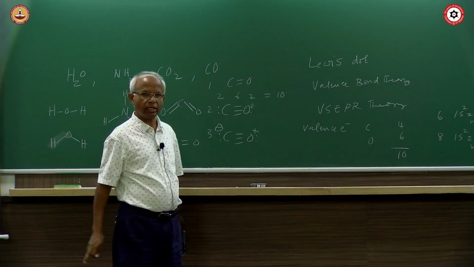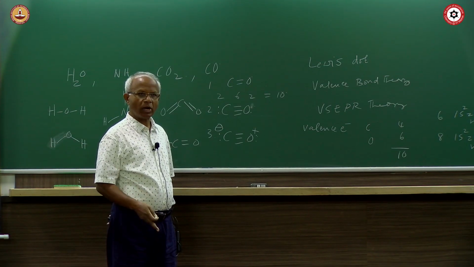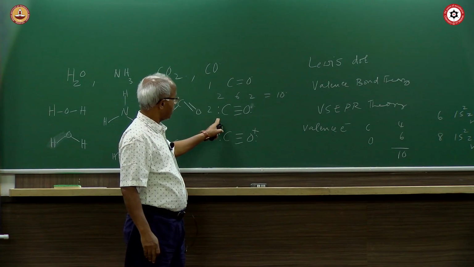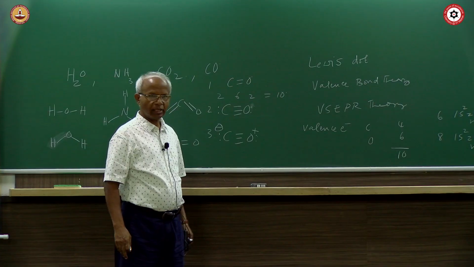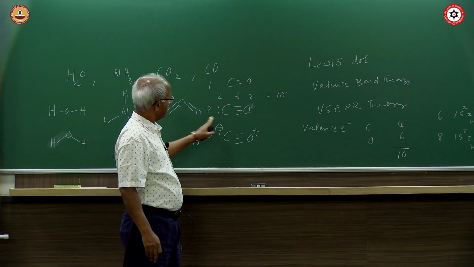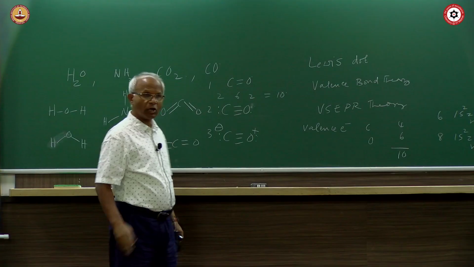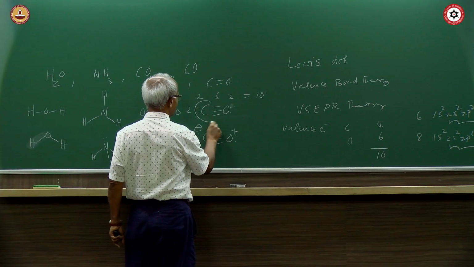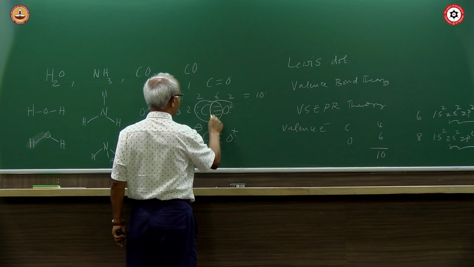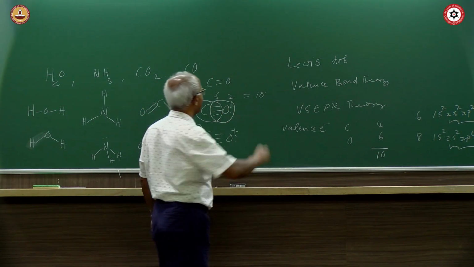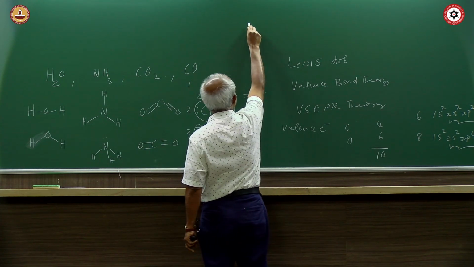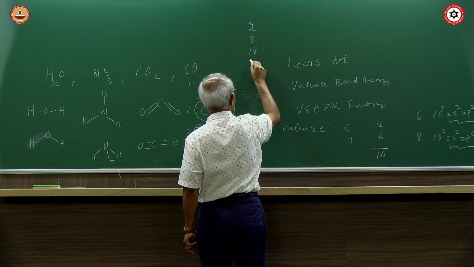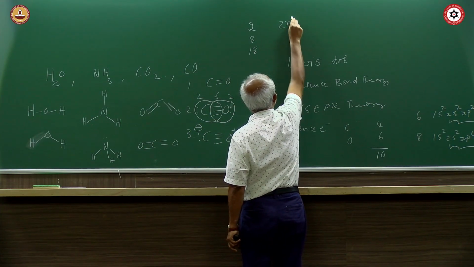So, that accounts for it, but if I put only 2 bonds, then it will not account. The extra electrons I can put on carbon and oxygen, but then it will not satisfy what it has to satisfy. See, molecules containing a total of 2, 8, 18, 2n squared electrons, okay.